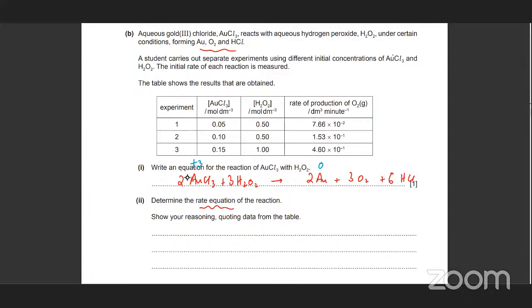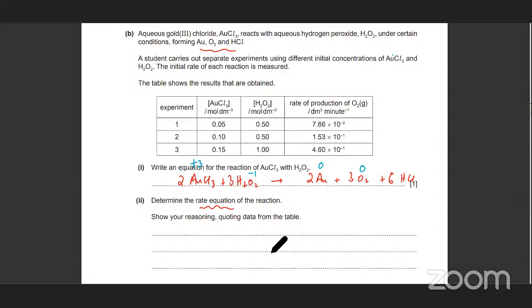Oxygen is -1, and over here oxygen is 0. So that's a loss of 1 electron, and there's 6 oxygens, so that's a loss of 6 electrons. So electrons are equal. Always be careful about this, okay? Whenever you balance a redox equation, make sure that the number of electrons gained and lost are equal.